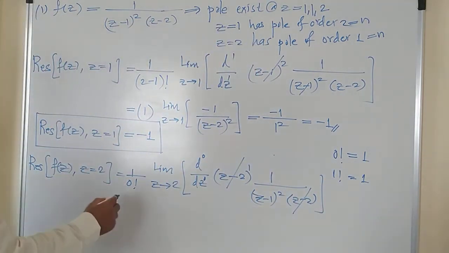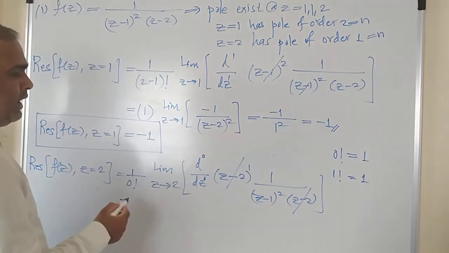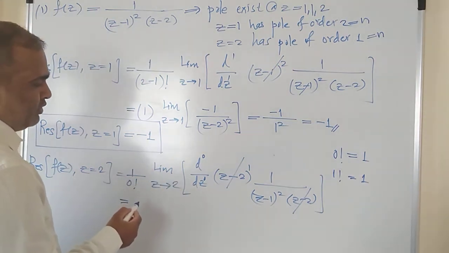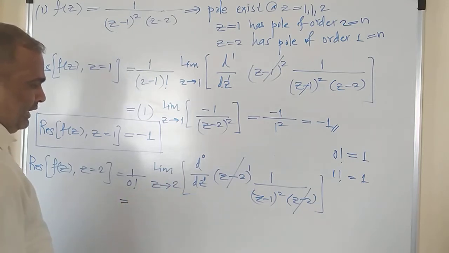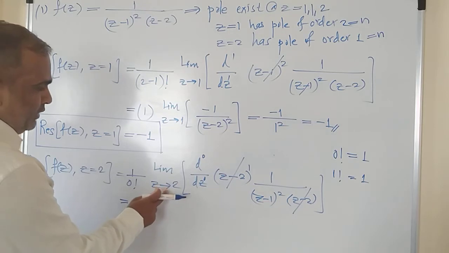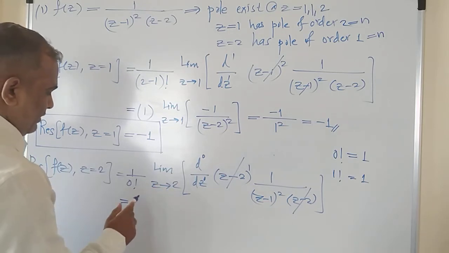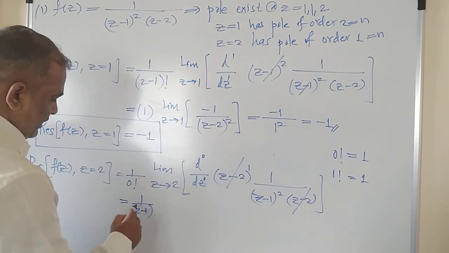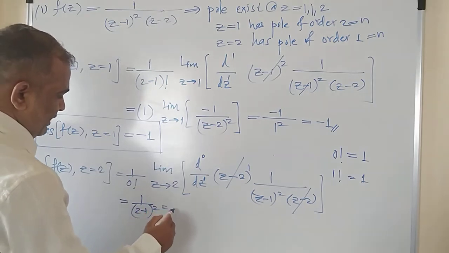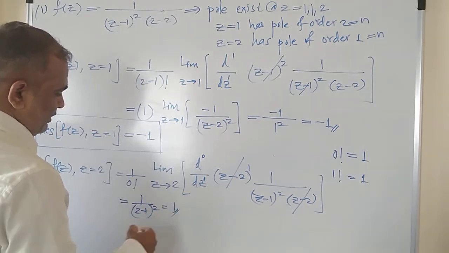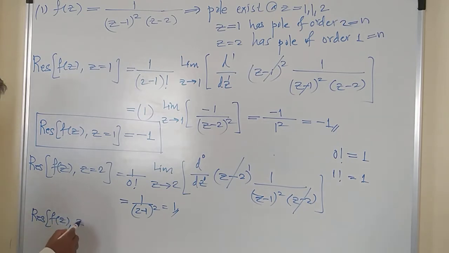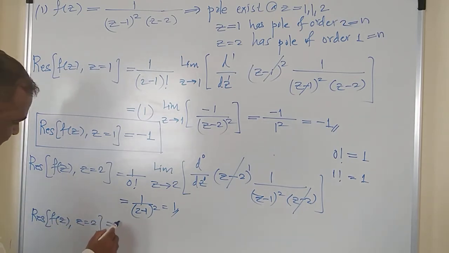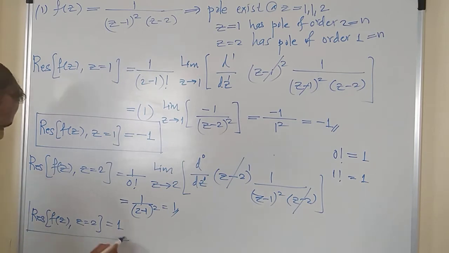And if you put these values here, then you will get 1 upon z minus 1 bracket square, and by putting the limit into it, 1 upon 2 minus 1 bracket square, right? 1 upon 2 minus 1 bracket square. 2 minus 1 is 1, 1 square is 1, so your answer is 1 only, and hence I can say the residue of the function f of z at z is equal to 2 is equal to 1, right?